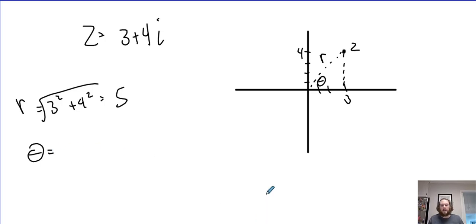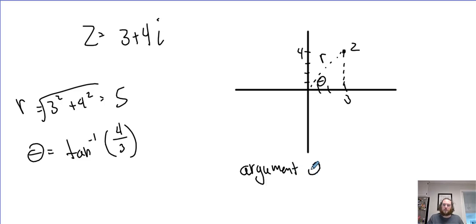And then to find theta, we would want to use a little bit of trigonometry. Theta is going to be equal to the inverse tan of my imaginary component over my real component. So in general, my argument theta is equal to the inverse tan of b over a.